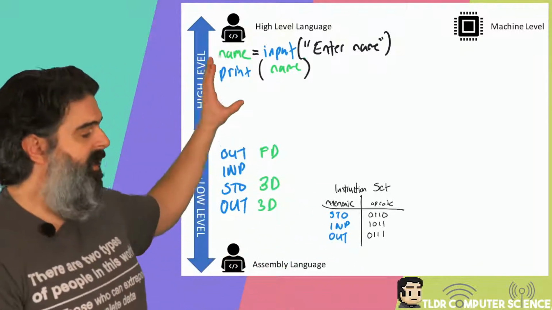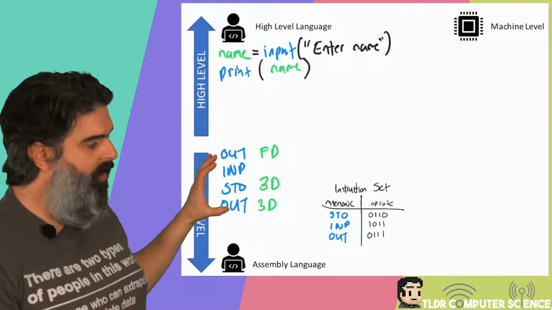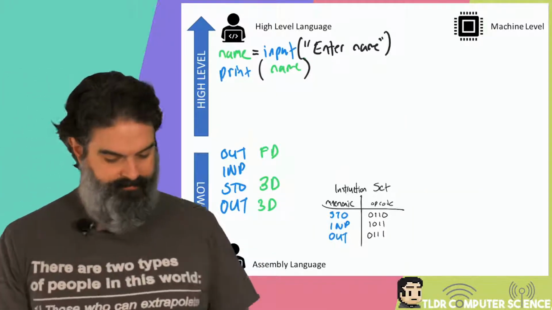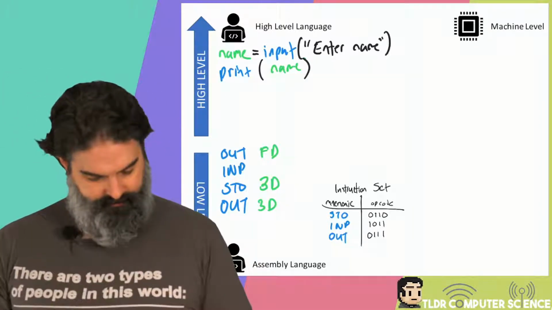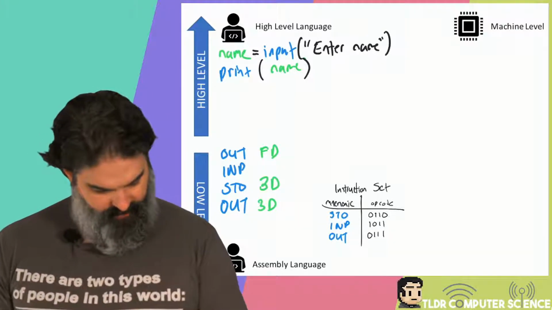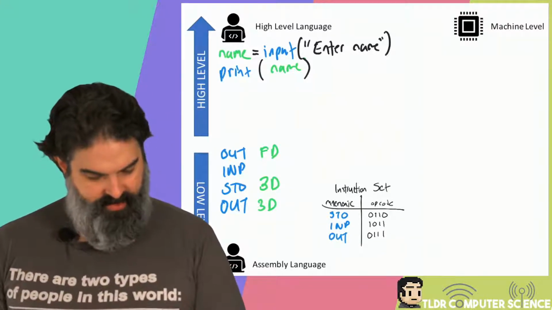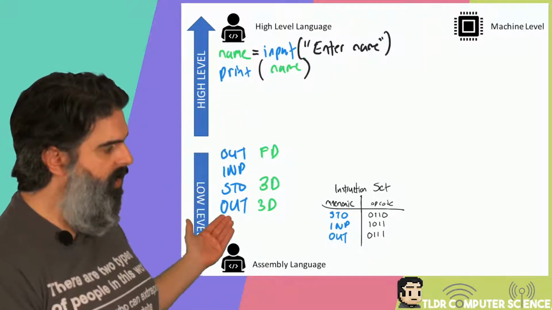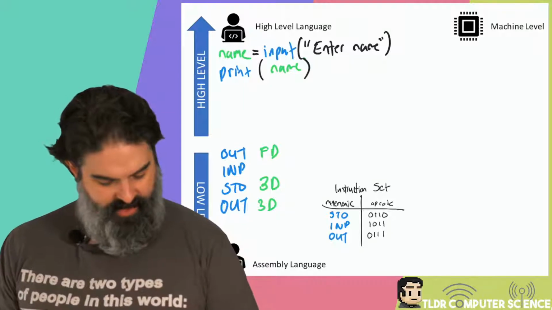Can I run either of these directly on the CPU? Are either of these ready to run on the CPU directly? What do you reckon, guys? My high-level language, could that run directly on the CPU? Or my low-level language, could that run on the CPU directly?